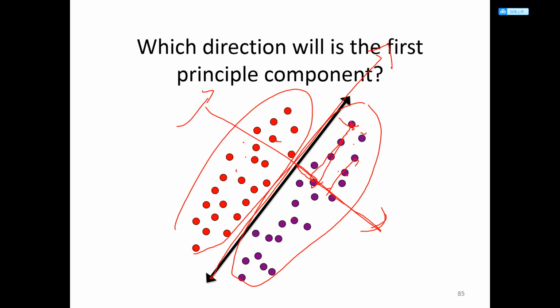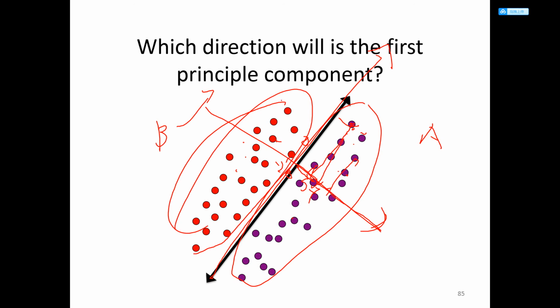For example, maybe this is the origin, this is 0, and this is 5, this is 7, and this is -2. After the projection, anything with negative values will belong to face B, and anything with a positive value to face A.